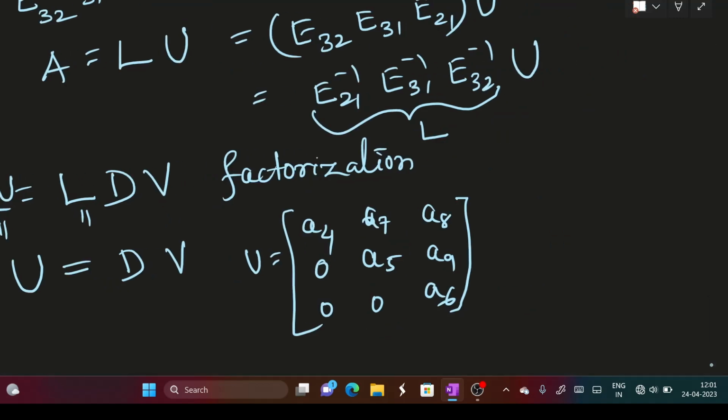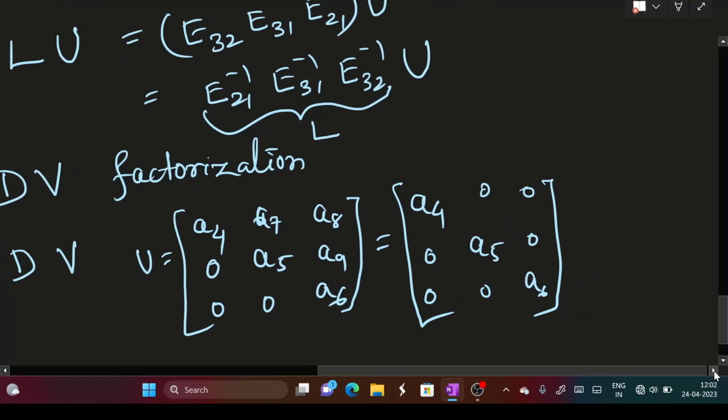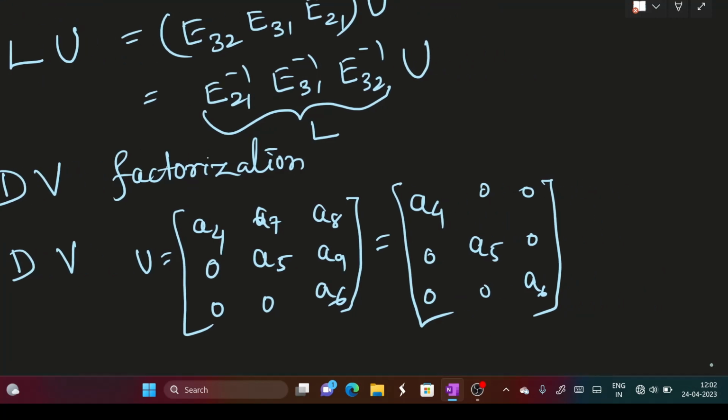One is a diagonal matrix. What is it? A4, A5, A6. This side it is 0 and this side also it is 0. So I got a diagonal matrix. Diagonal matrix multiplied with this is my D.